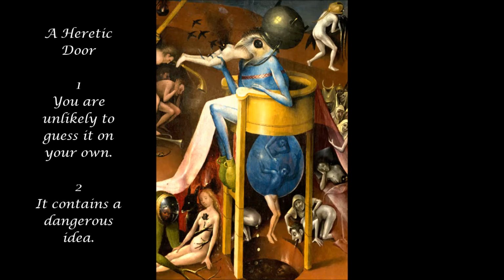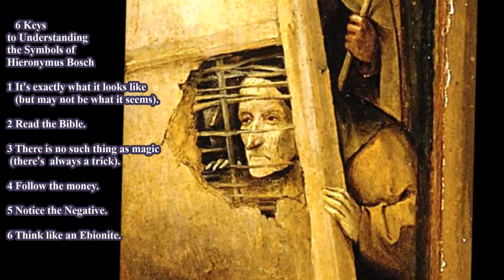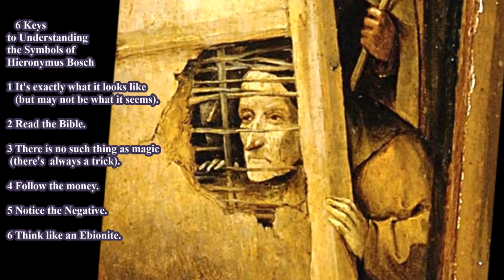And we're going to be able to read the Bosch symbols as well as these drolleries by using the 6 keys for understanding the symbols of Hieronymus Bosch. And so equipped, we can now begin to peer into the world of heresy.